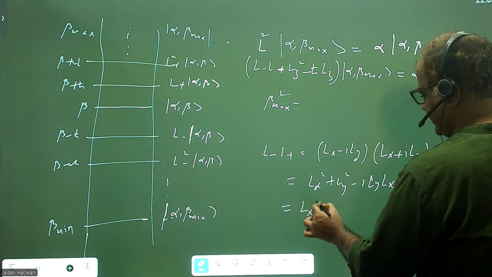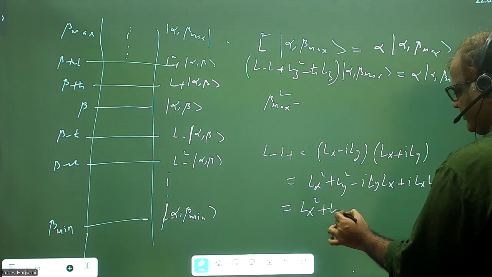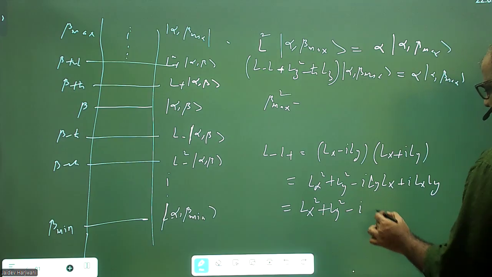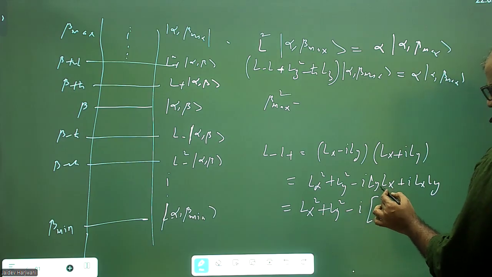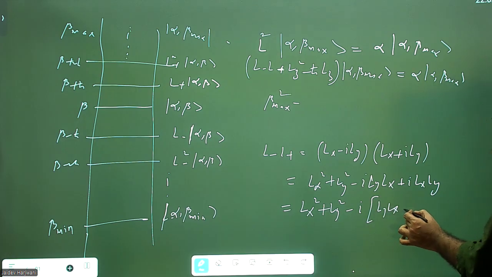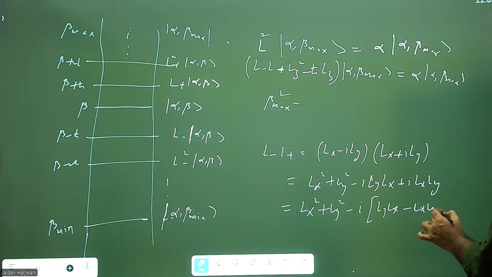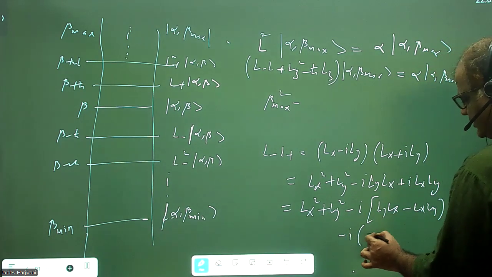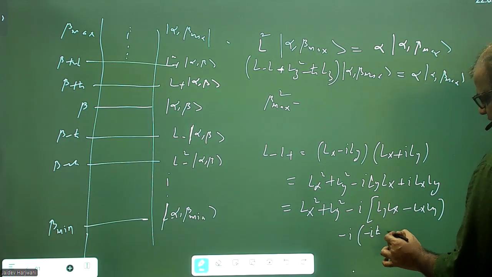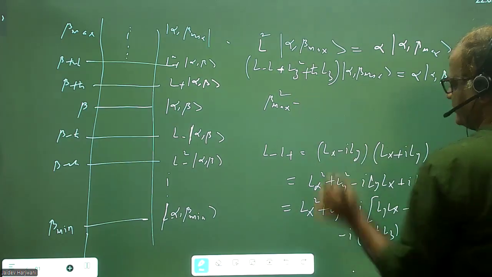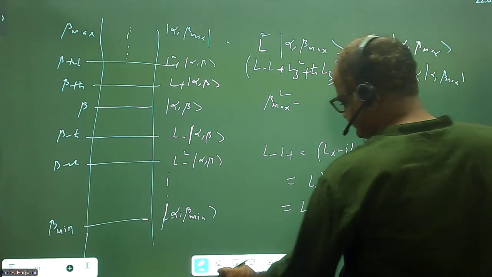So Lx square plus Ly square, and if I take iota common, you have Ly Lx minus Lx Ly, which is the opposite. So minus minus iota h cut Lz gives plus. So here plus will come.